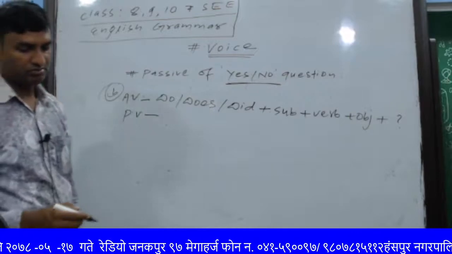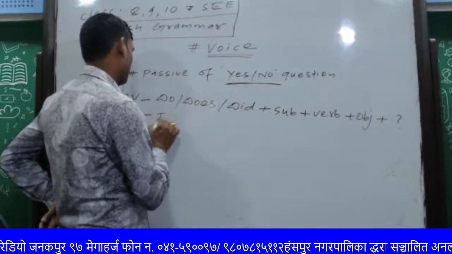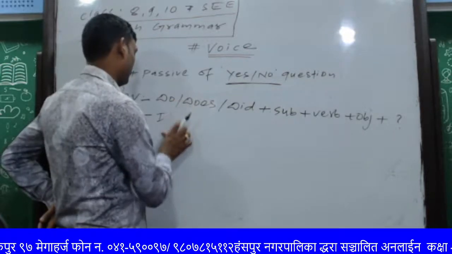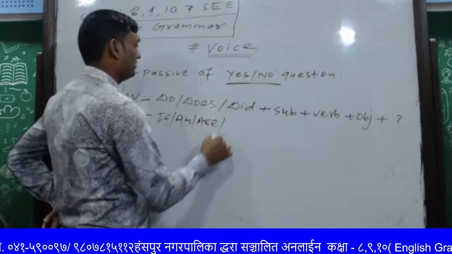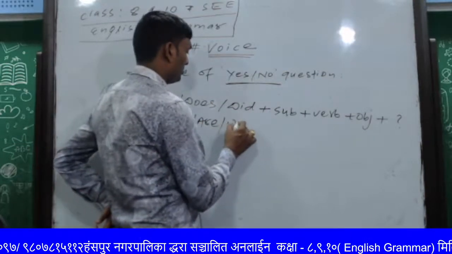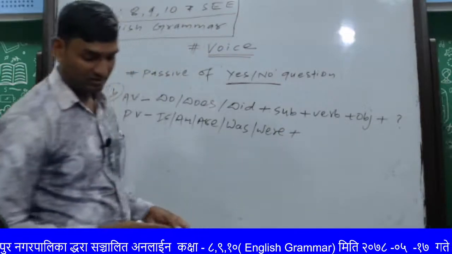PV structure: for do, does, is am, are, and for did, was, were.